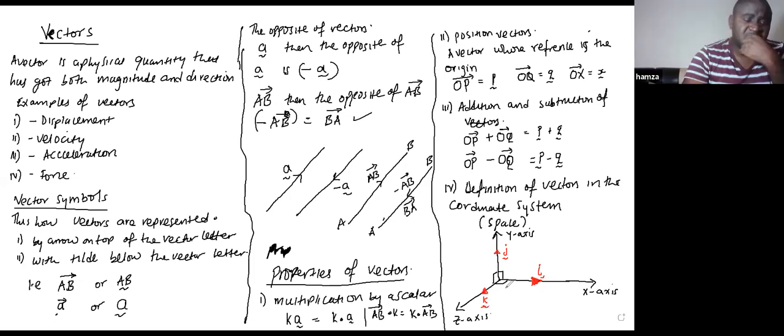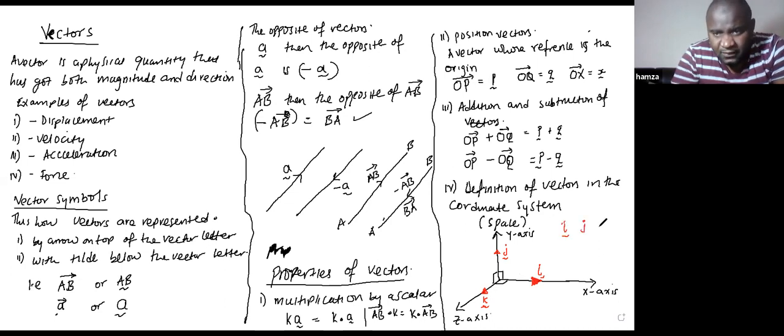Defined to be moving in these directions, then we say they have what we call the Cartesian units. The Cartesian units i, j and k as vectors.